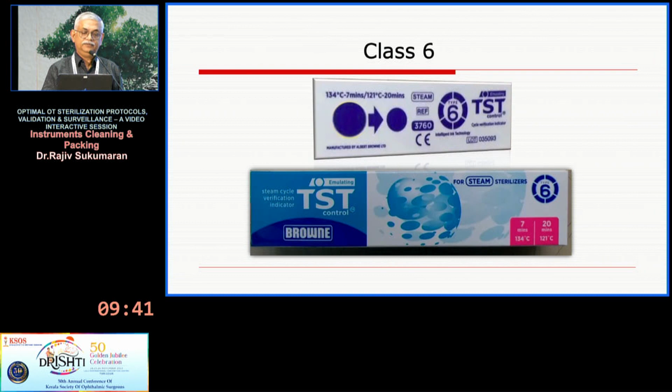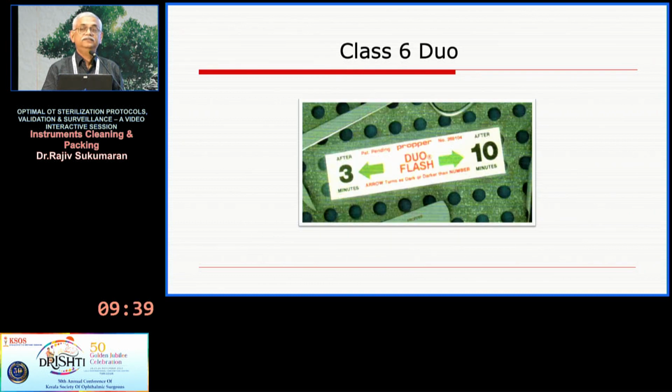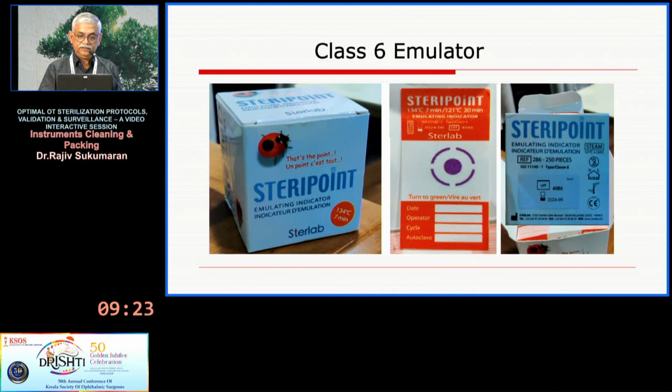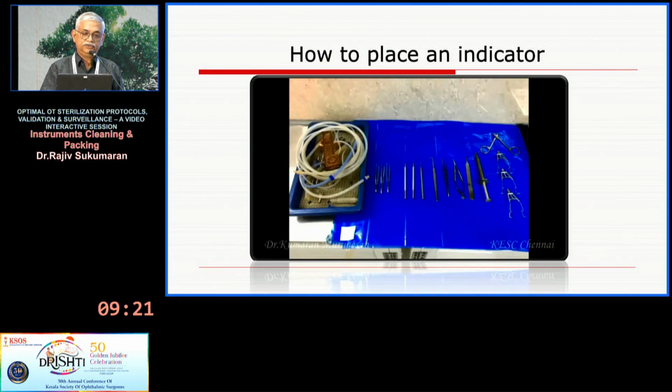So class 6 is a little better. This is a dual indicator, showing whether your sterilization occurred within 3 minutes or 10 minutes. So it's a dual thing. These are the different class 6 emulators available in the market, and the color change also.